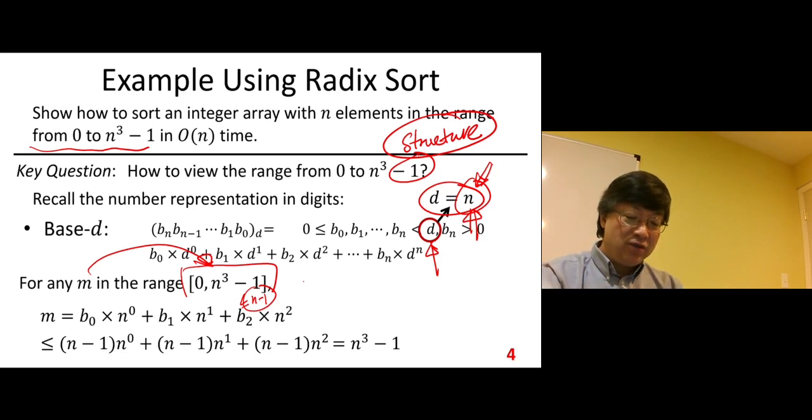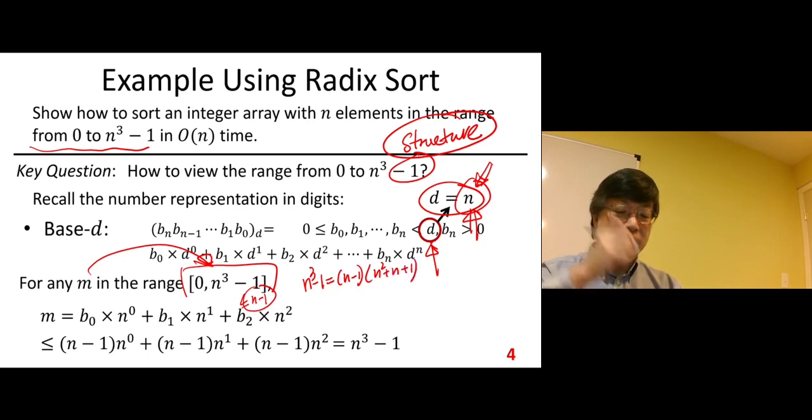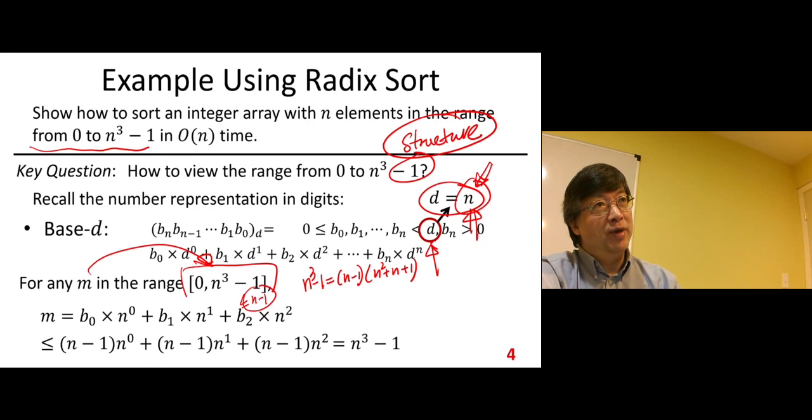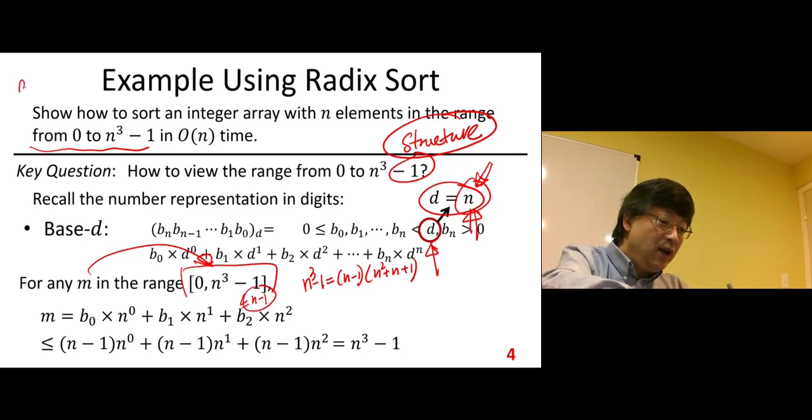Because n cubed minus 1 equals, do you know this formula? n squared plus n plus 1, times n minus 1. Here we use this formula. Remember, I gave you the A^r minus B^r formula before. Here we use A cubed minus B cubed.